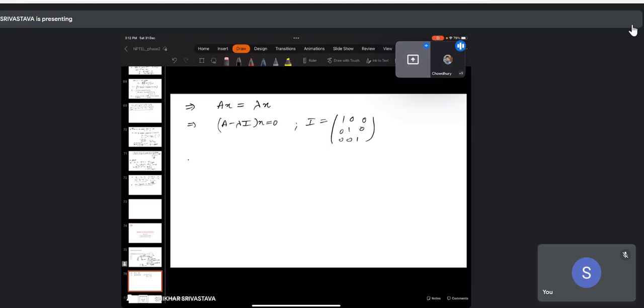Now, in order to solve this, let us multiply both sides with (A minus lambda I) inverse. This will be 0 only. Now you know that if A minus lambda I is invertible, invertible means that (A minus lambda I) inverse exists.